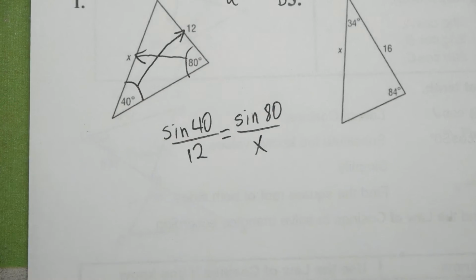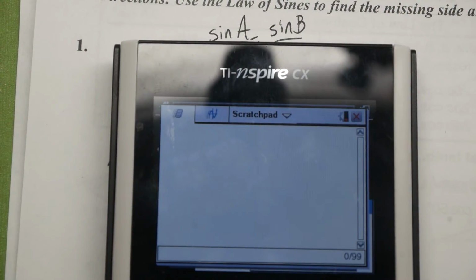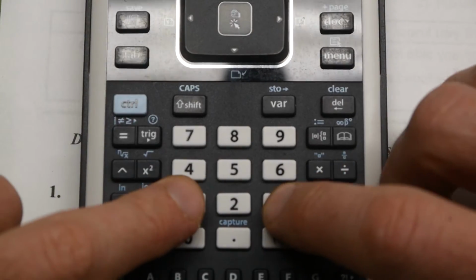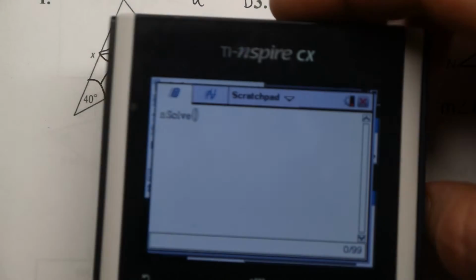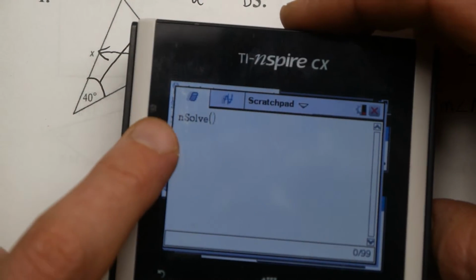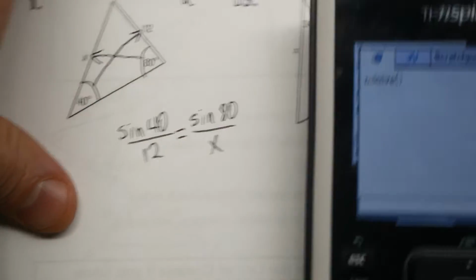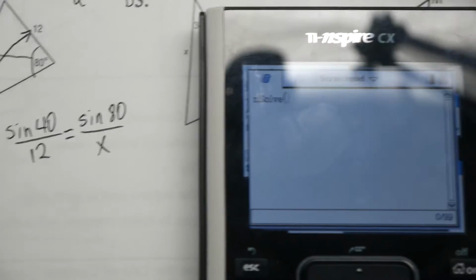So we're going to type this into InSolve. The way we do that is we push menu 3-1, and it's going to bring up this screen that says InSolve. And then we're going to type in this proportion.